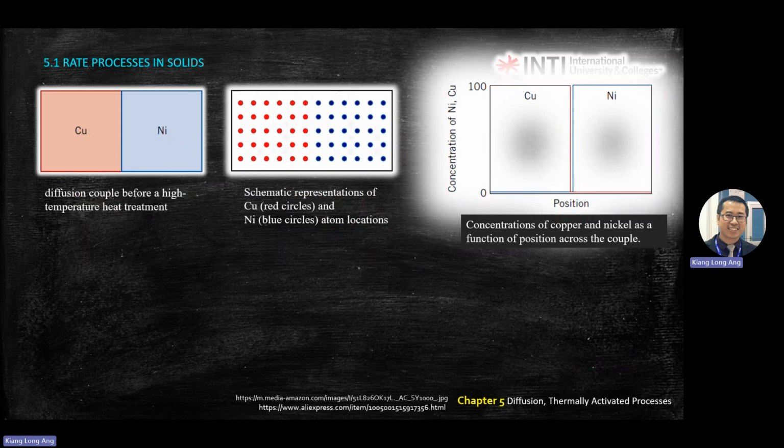So the concentration of nickel and copper will be 100% before. This is the position, the x axis from 0 to x. Then 100% concentration. You will see that at the middle of the boundary between the red dot and blue dot, there is 100% there.